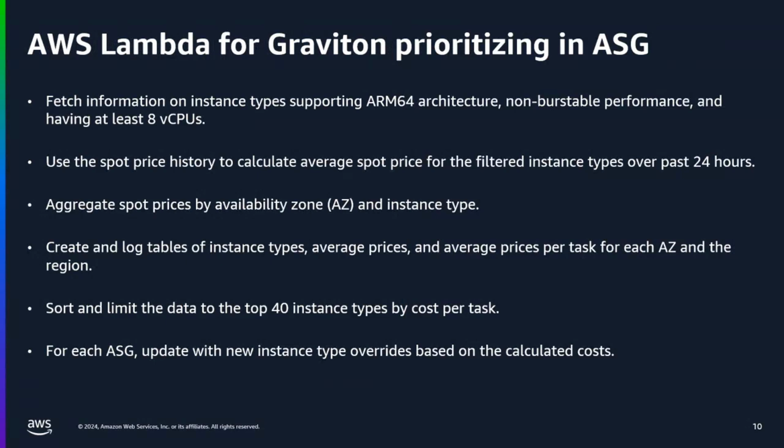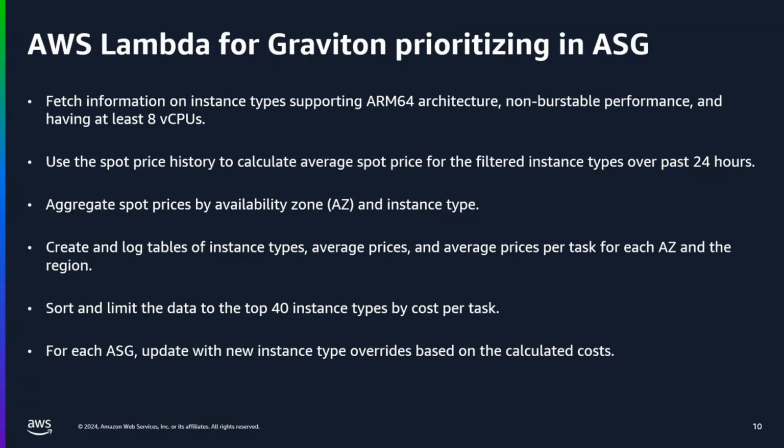So in that scenario, we used the priority capacity optimized approach. In that approach, we further leveraged another Lambda, which was running every day. It was using the ECS Spot capacity history to list down the instances, creating our own bucket of instances which matched our workload requirements and were cheaper.